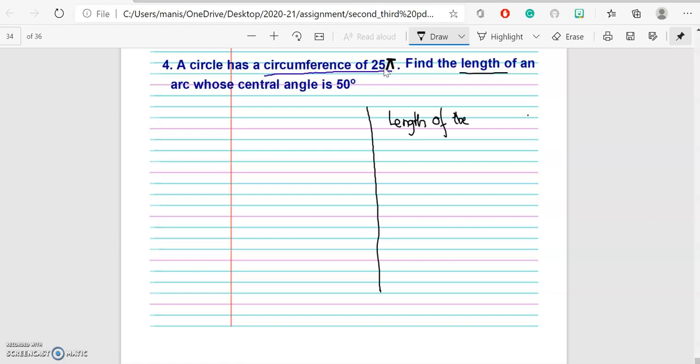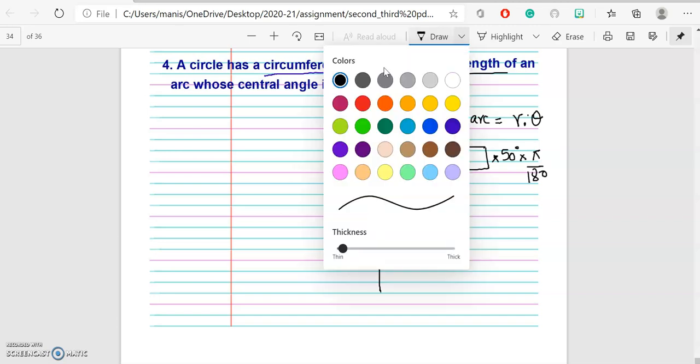Length of the arc is equal to R times theta. To find my answer, what I need is the value of R. Do I have R? No, but I have my theta as 50 degrees. Whenever I see something in degrees, I multiply by pi over 180. What I'm missing in this question is R. If I have R, I can plug in the values and I will get my answer.